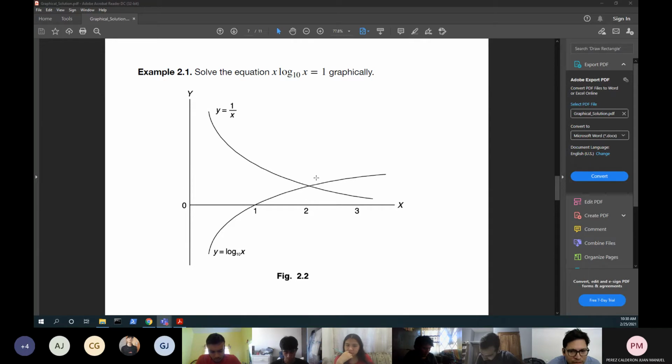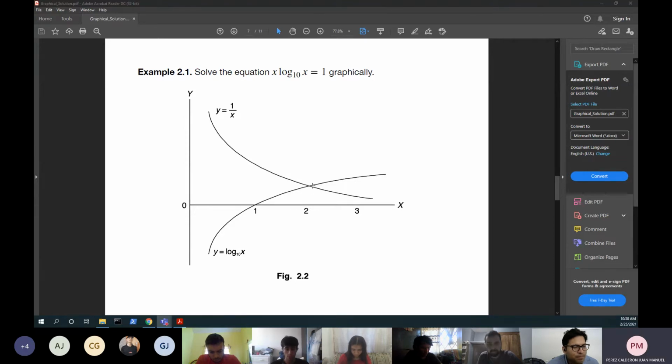And now the root is going to be where these two intersect. The intersection is about 2 point something, 2.1, 2.2, something like this. So it's the solution of the equation.